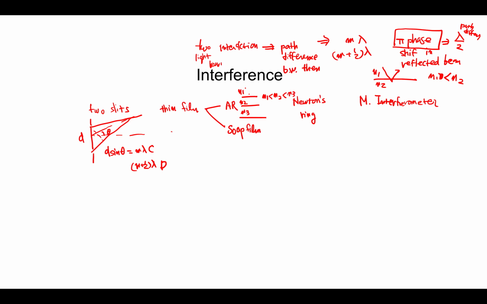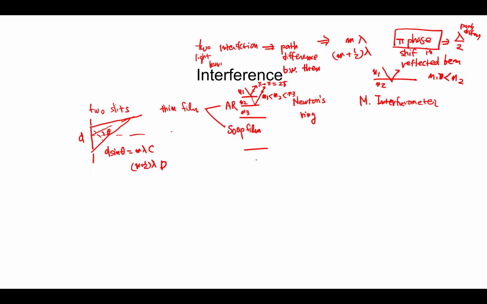So in this case, you have a phi phase shift, and then you have another phi phase shift. So basically, pi plus pi is 2 pi, so that between these two beams, there's no phase difference.